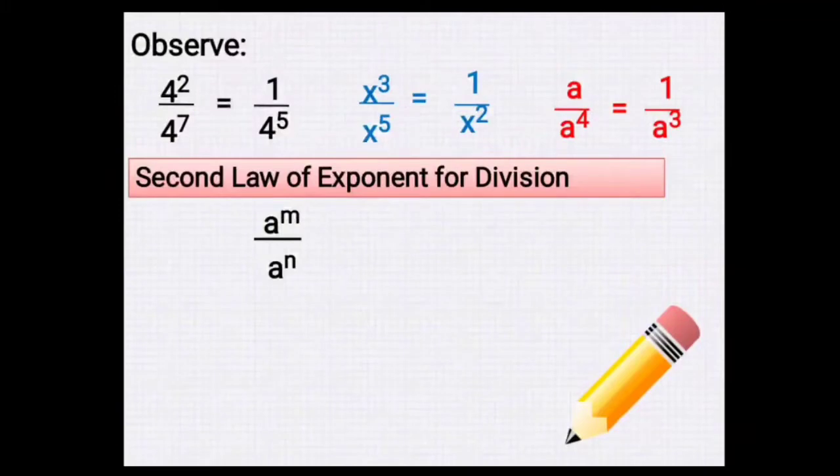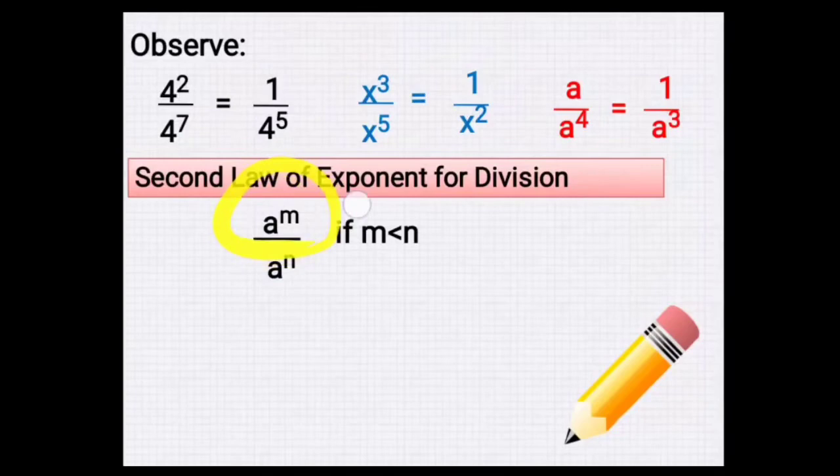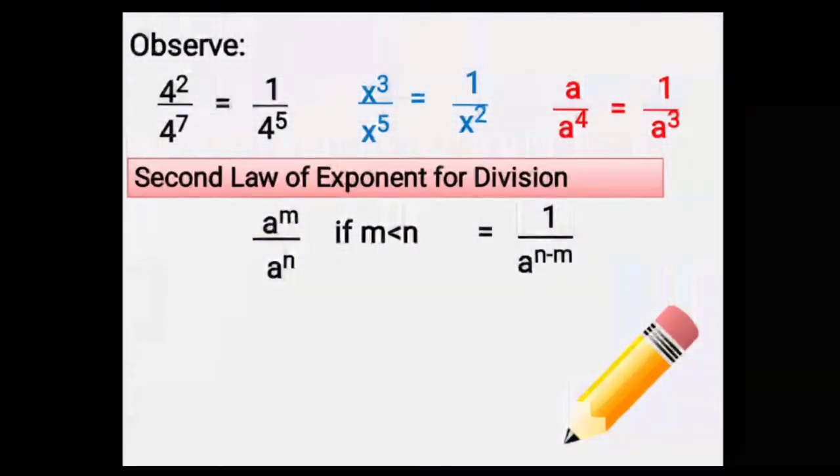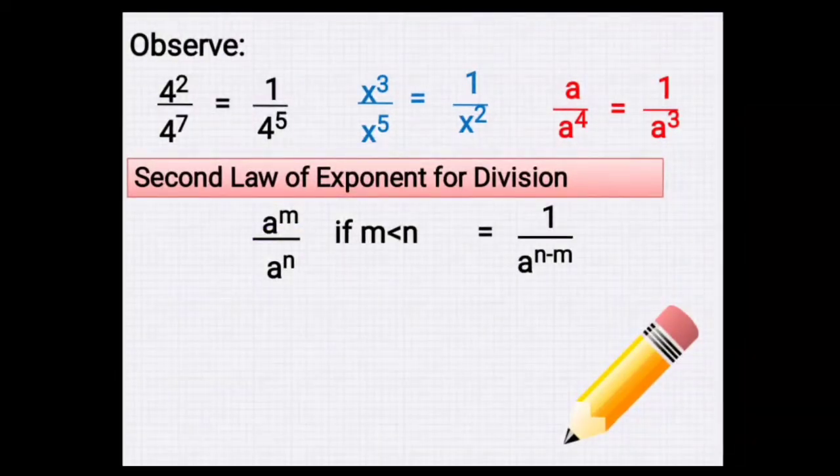But you have to take note that m is less than n. So on our second law, if the exponent of the numerator is less than the exponent of the denominator, therefore your answer should be in this form: 1 over a raised to n minus m. What have you noticed?